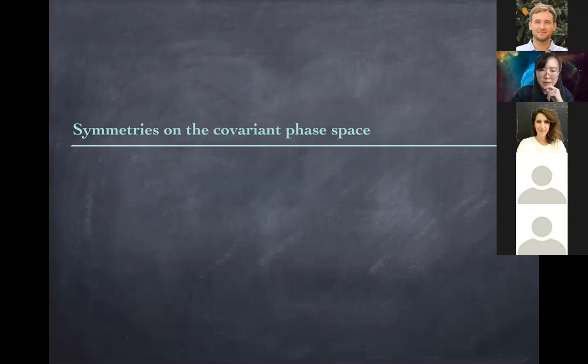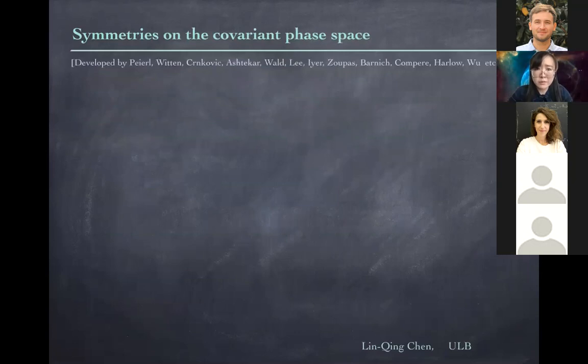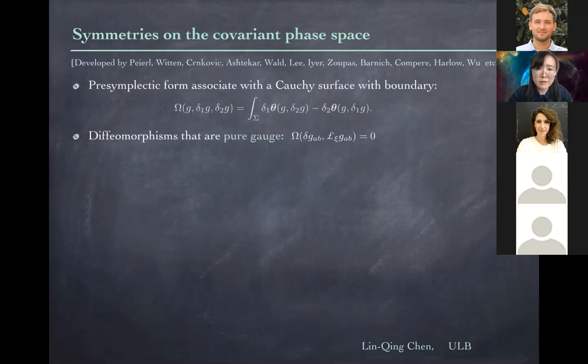So after we have the geometrical construction and the symmetry we want to consider, now we need to realize the symmetry on the gravitational phase space. We're using the covariant phase formulation, which is a very beautiful formulation developed through many people's work. We will use the pre-symplectic form associated with a Cauchy surface with boundary.